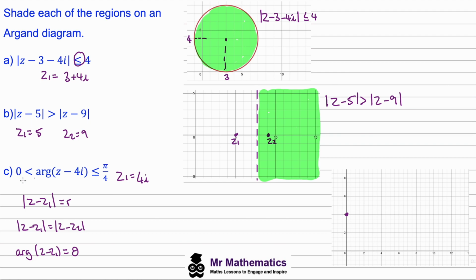And we know the argument always comes from a direction parallel to the real axis. So we've shown this with a dashed line that runs parallel to the real axis. So coming from 0 degrees, the argument will have a limit of pi over 4. And we're told it can be equal to pi over 4. So z could be at any point in this region where the angle here is pi over 4 radians.